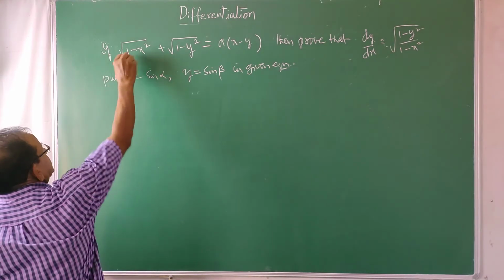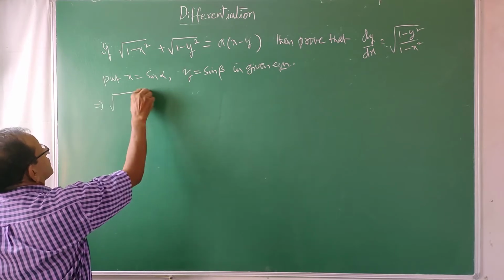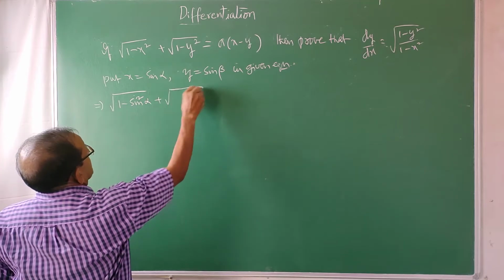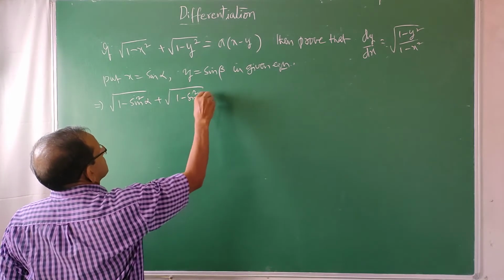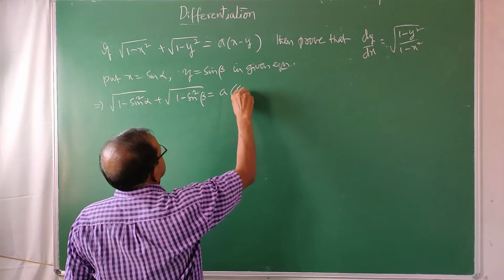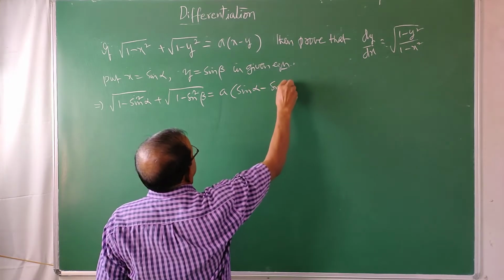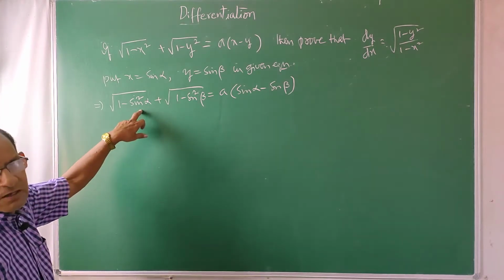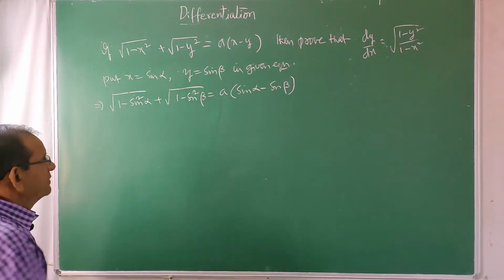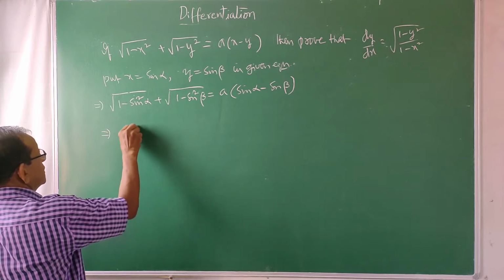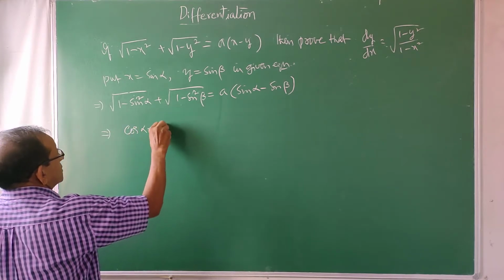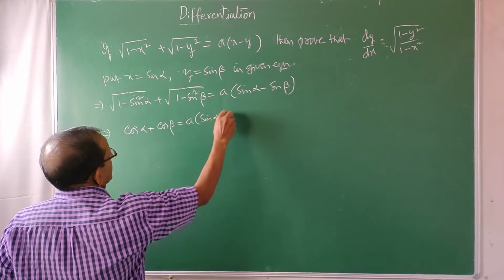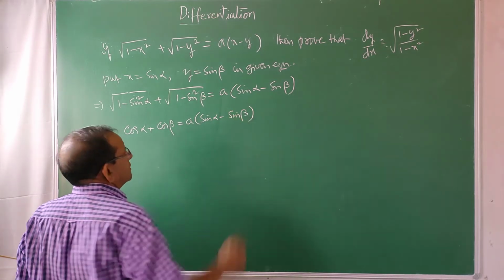Now substitute in this one, it implies square root of 1 minus sin square alpha plus square root of 1 minus sin square beta, right side a into (sin alpha minus sin beta). So you know that 1 minus sin square alpha is cos square alpha, under root means cos alpha. This is cos alpha, this is cos beta, is equal to a into (sin alpha minus sin beta).